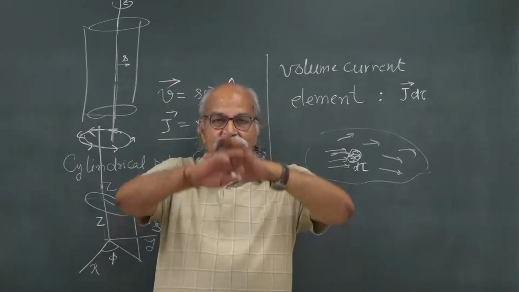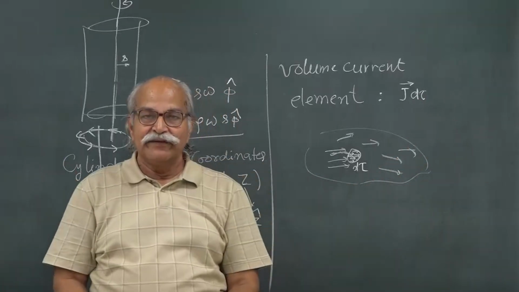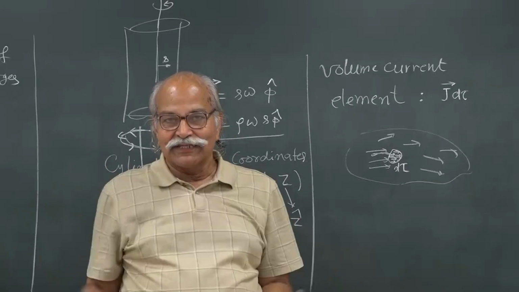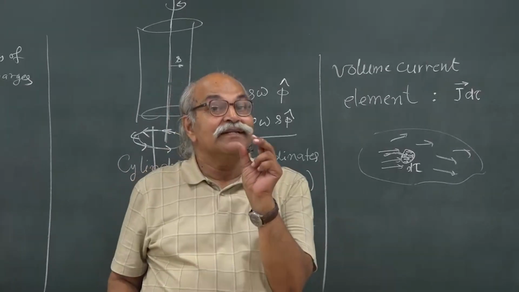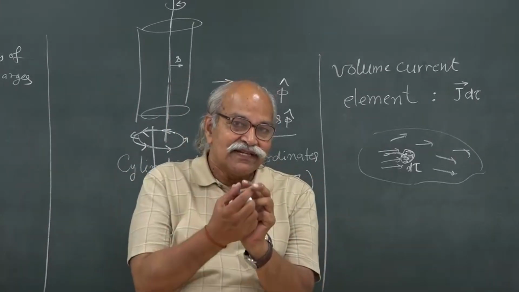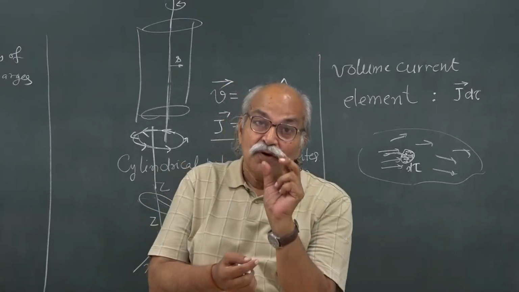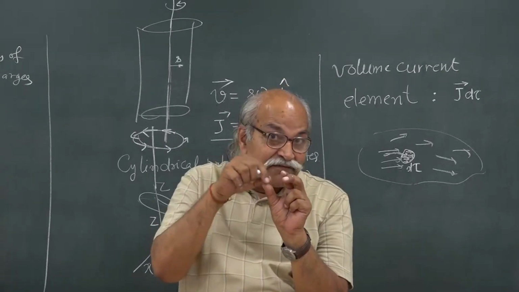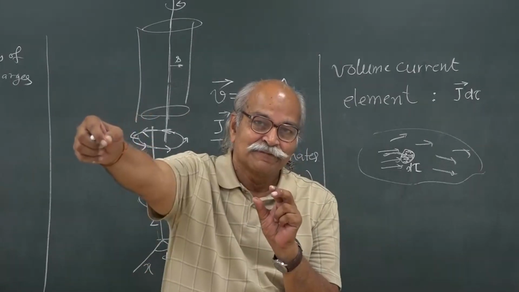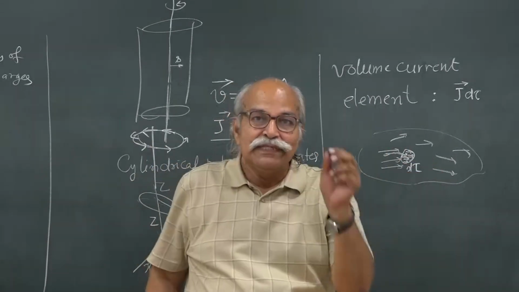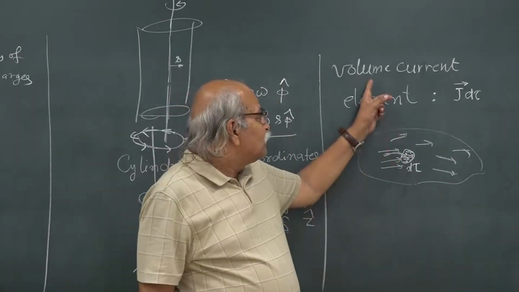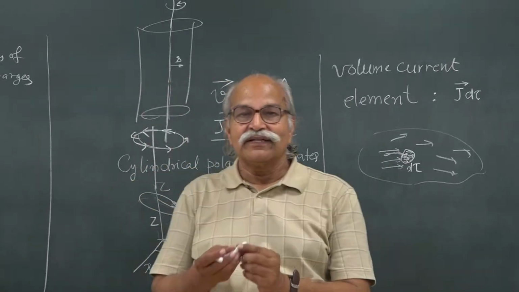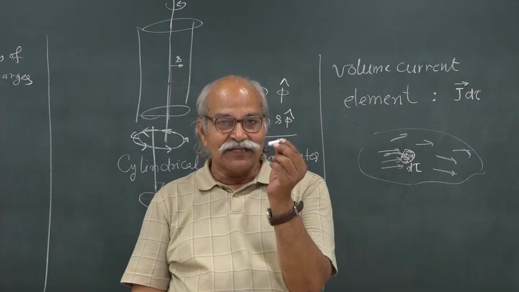So, we will have a current in a bigger volume, and suppose I need the magnetic field at a certain point due to this. We will first pick up a current element, a small volume in which the current is there, find the magnetic field for that much current, and then we will integrate. So, we will need this concept of volume current element. For example, suppose you have a wire and in that wire current is going.